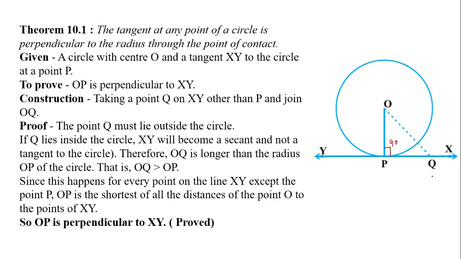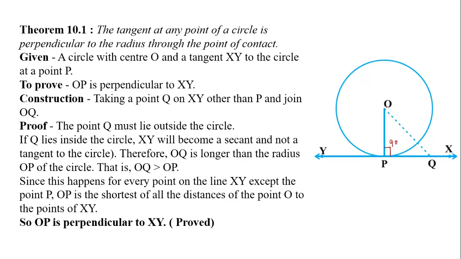Now let's see about the point Q. The point Q will always lie outside the circle, because XY is a tangent. If it were lying inside the circle, then XY would have been a secant of the circle. But it is given that XY is a tangent of the circle, so it will lie outside the circle.